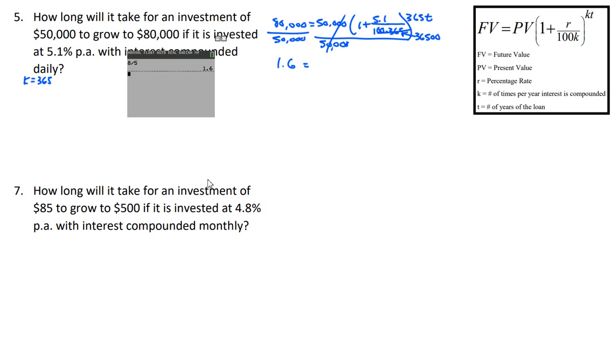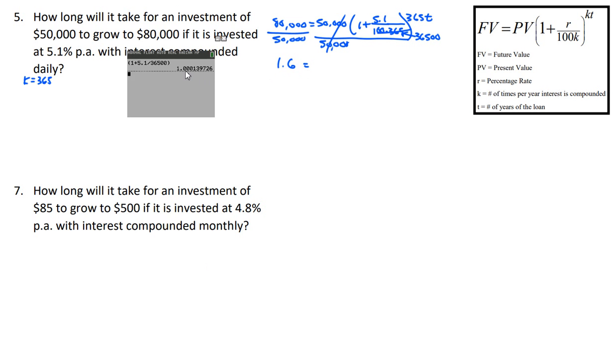So we're going to do 1 plus 5.1 divided by 36500, right? That's going to give us some really pretty small number, 1.001.